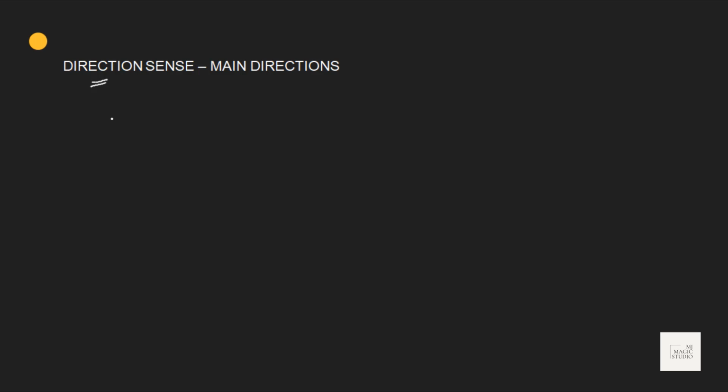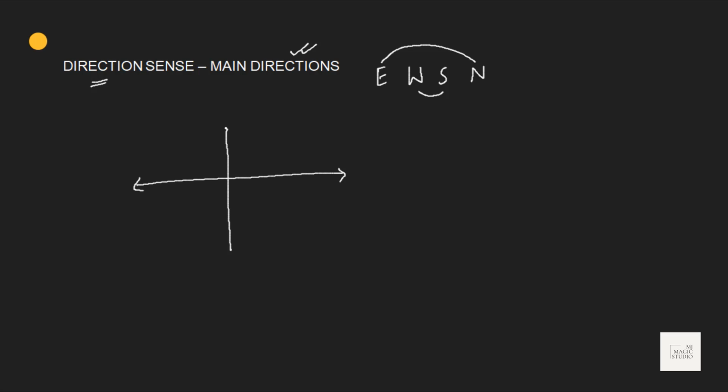Let's get familiarized with a few things first. What do we mean by main directions? There are 4 main directions. We know that: east, west, south, and north, or we can call it NEWS: north, east, west, south. So north is up, south, east, and west.